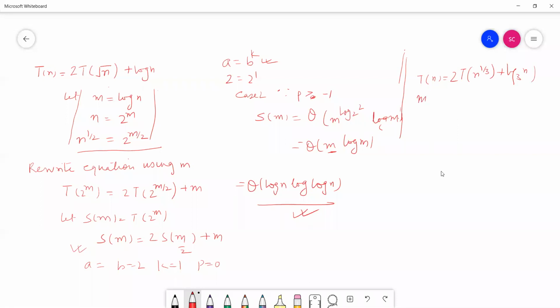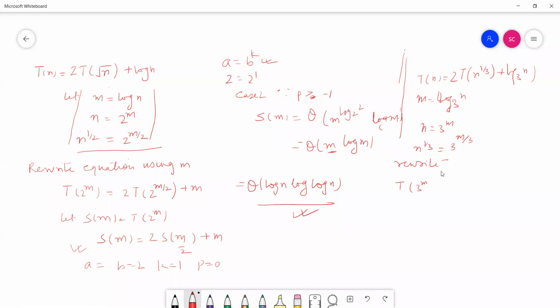So now what we'll do? m is equal to log n base 3. So it means that n is equal to 3 to the power m, and n to the power 1 by 3 is equal to 3 to the power m by 3. So we'll rewrite.